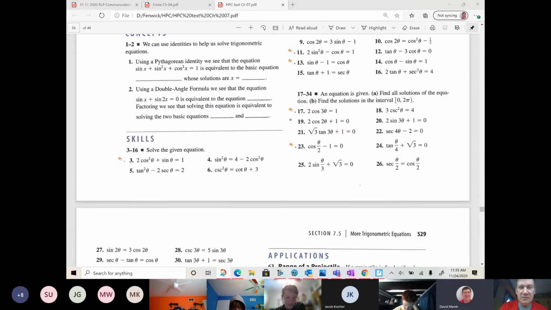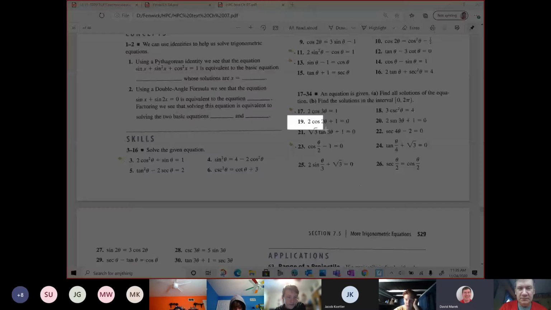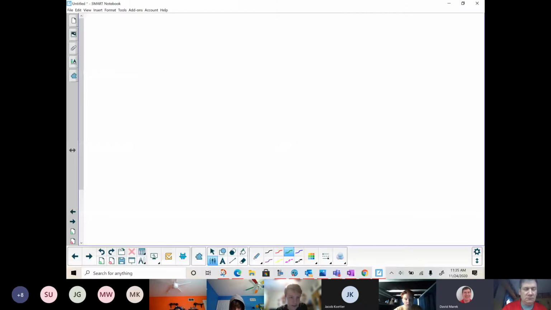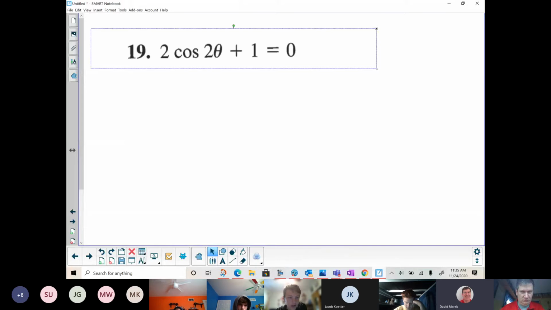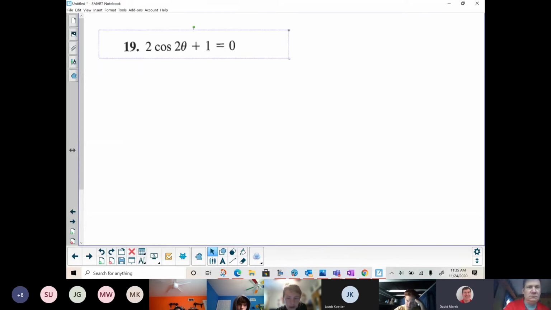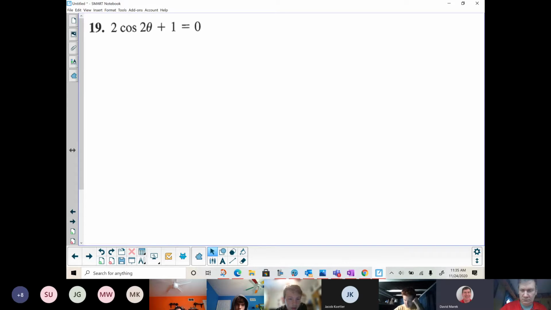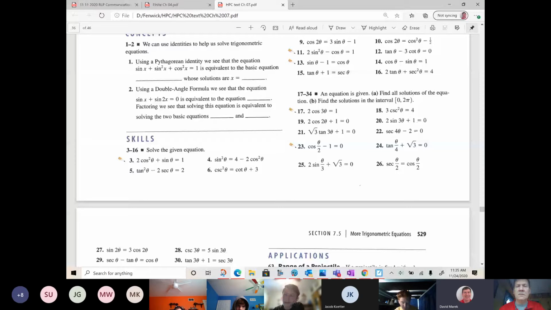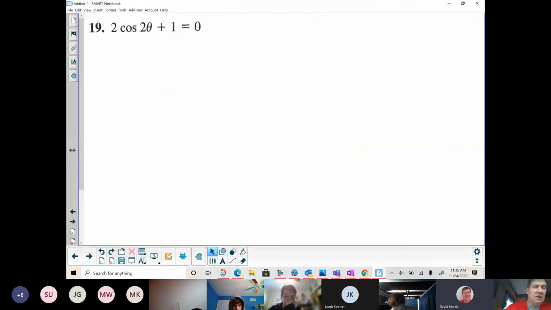Let's start with number 19. Now our directions here, first of all, asked us to find all of the solutions, and then for part B, just list the ones that are in that specific interval between 0 up to, but not including 2 pi.